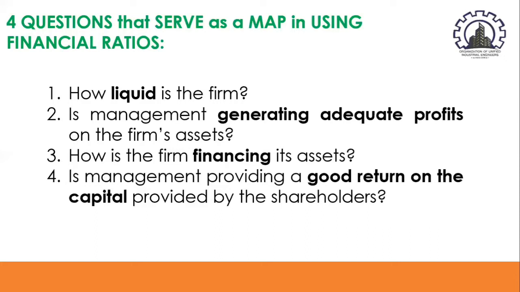The first question that will serve as a map in using financial ratios is, how liquid is the firm? The liquidity of a business is defined as its ability to meet maturing debt obligations. That is, does or will the firm have the resources to pay the creditors when the debt comes due?